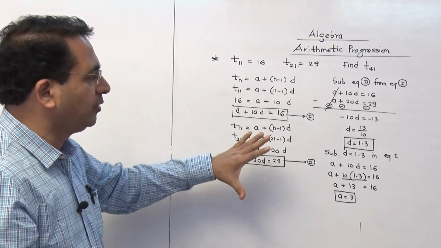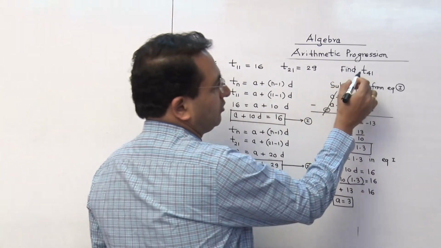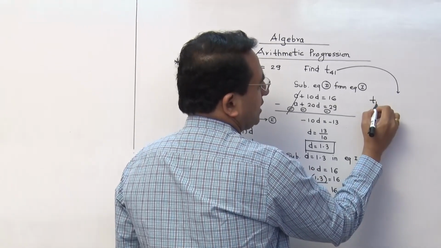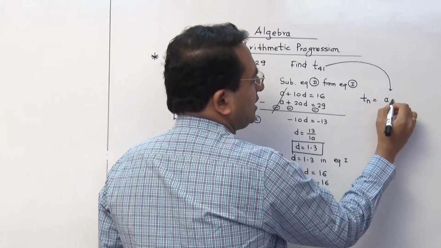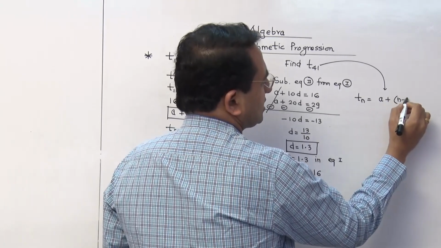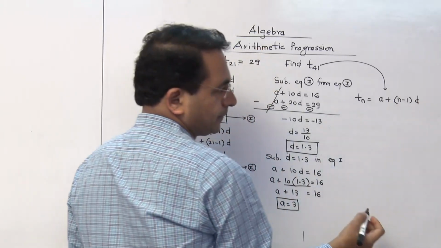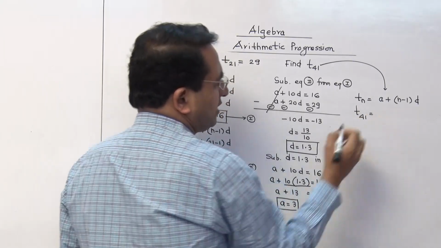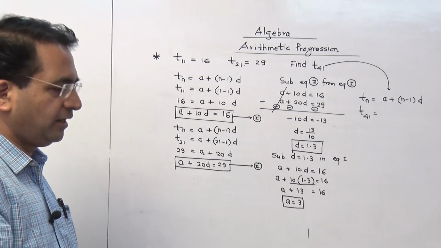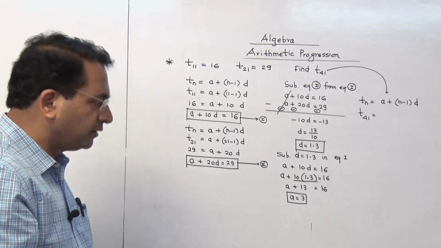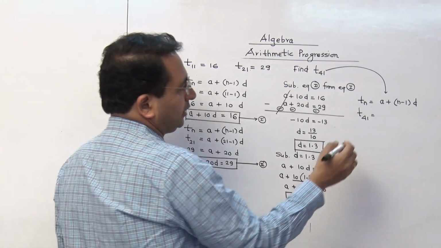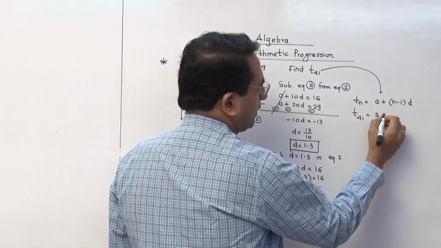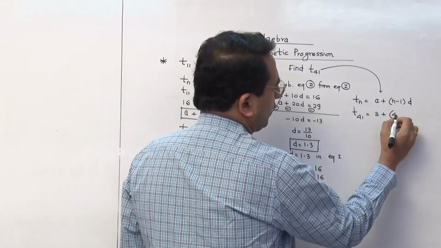Now these values will be used for finding out this. Now T41, the formula is very simple, Tn is equal to A plus N minus 1 into D. Now when you write T41, that means you have to put the values of N, A and D. The value of A we have calculated here, we'll put it here as 3 plus 41.